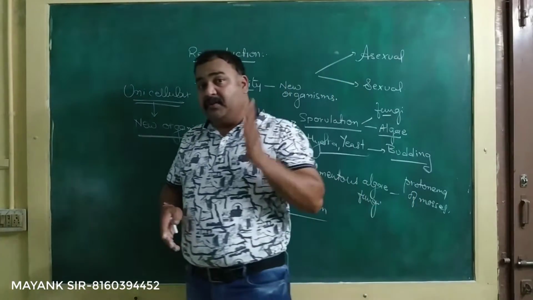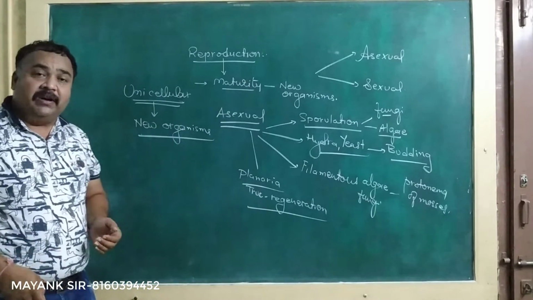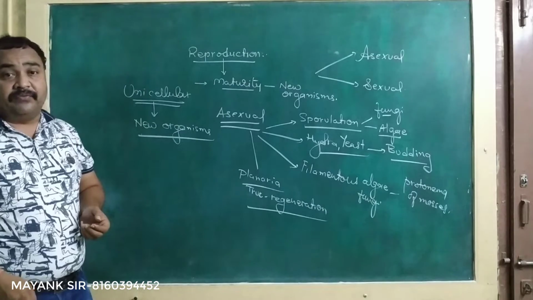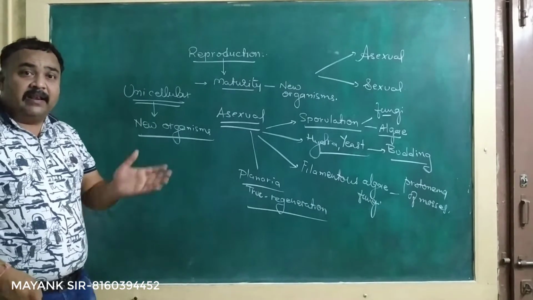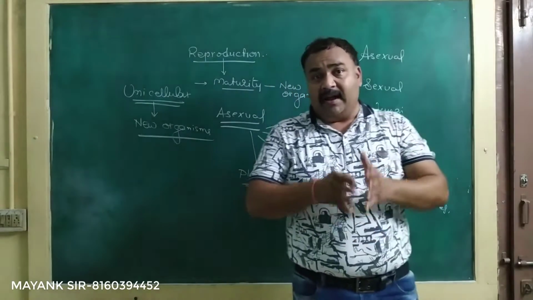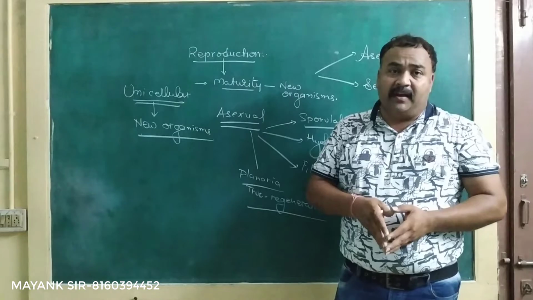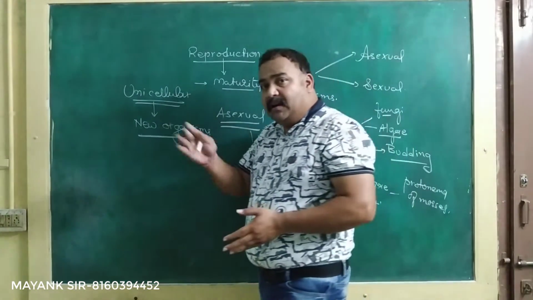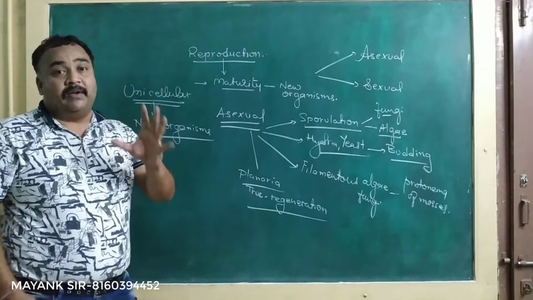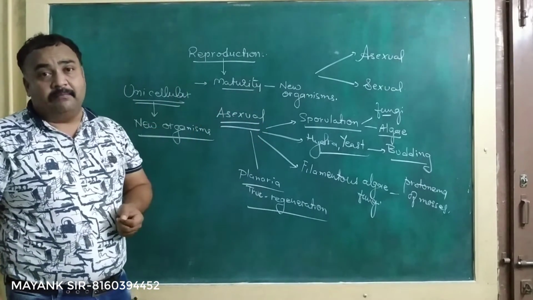So in unicellular organisms, we cannot clearly differentiate between the process of cell division and the process of reproduction. That means reproduction as well as cell division have the same importance in unicellular organisms. Whereas in multicellular organisms, reproduction is the process by which the organisms increase in number.